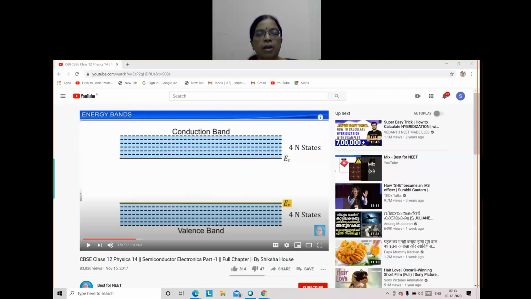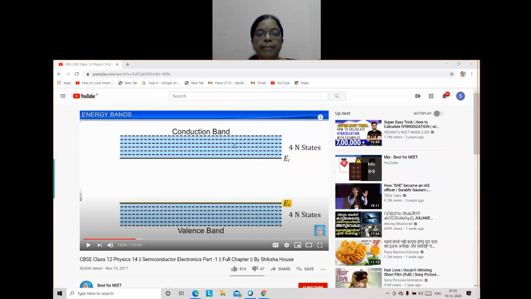That means one germanium atom makes covalent bonds with neighboring 4 germanium atoms and it gets 8 electrons in the outermost shell. So that is a stable state. So at 0 Kelvin, it is in the most stable state. All the valence electrons are bound to the nucleus and no free electrons are available for conduction.